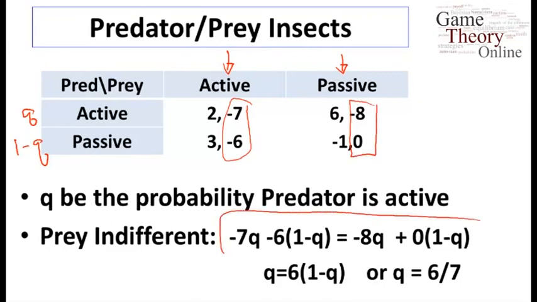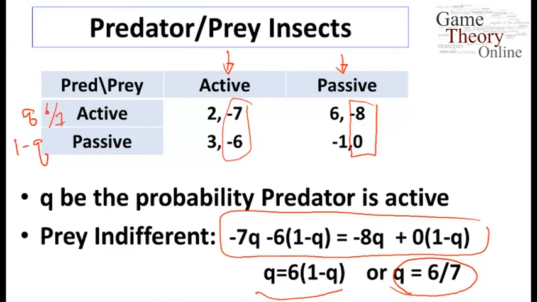Set those two things equal to each other. That gives you an equality. Solve that, you get 6/7 for Q. So the predator has to be being active 6/7 of the time and passive 1/7 of the time in order for the prey to be indifferent.